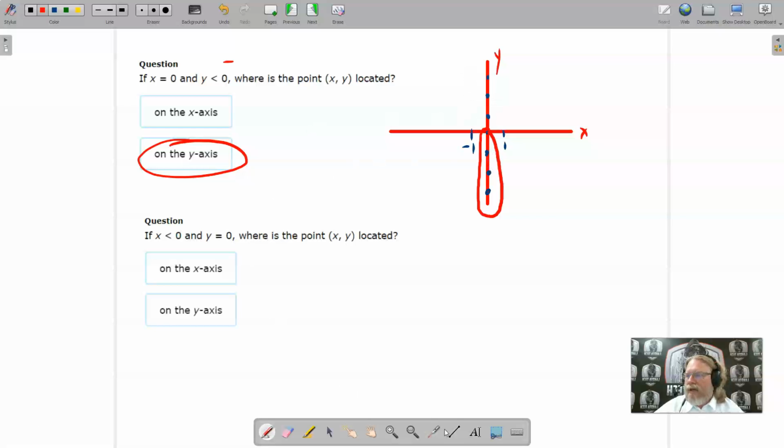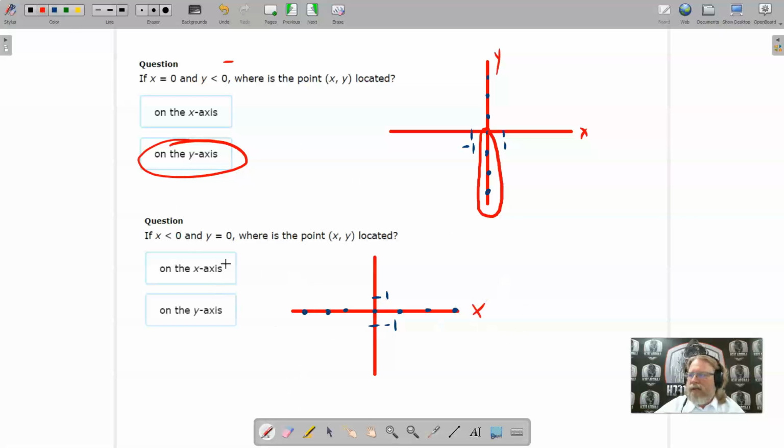Now let's look at the other question here. Create an xy axis, my coordinate plane. Now we're saying that x is less than 0 and y is equal to 0. Where is y equal to 0? Here y is positive 1, and here y is negative 1. That means right in between, right here, y is equal to 0. Where else is it equal to 0? Anywhere along the x-axis.